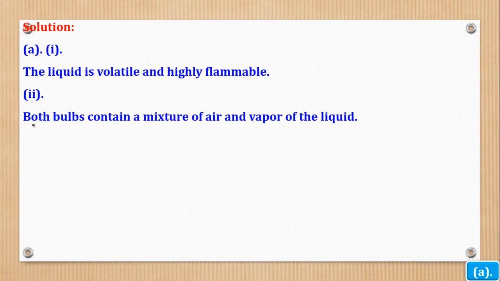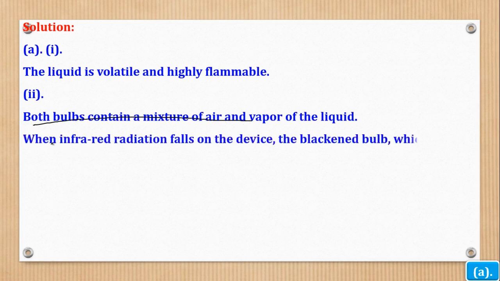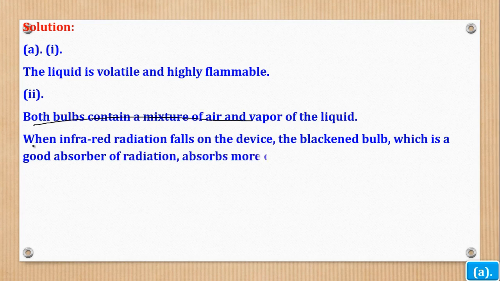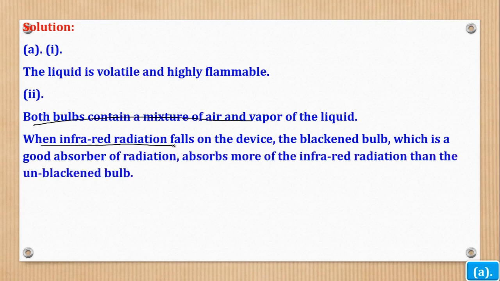So here we come and say that both bulbs contain a mixture of air and vapor of the liquid. Therefore, when infrared radiation falls on the device, the blackened bulb, which is a good absorber of radiation, absorbs more of the infrared radiation than the unblackened bulb.